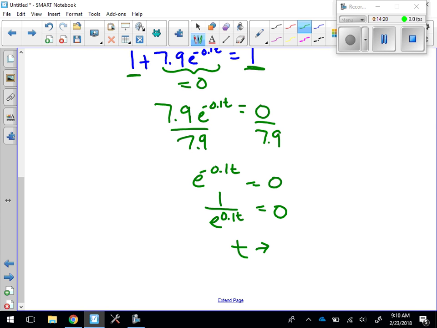Not 100. e to the 0 is 1, then I'd have 1 equals 0. It would have to be infinite, which is why there was an arrow instead of an equal sign. Very good. I love it when people answer their own questions.